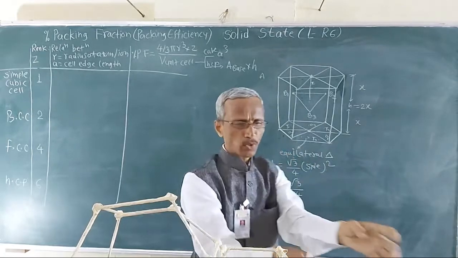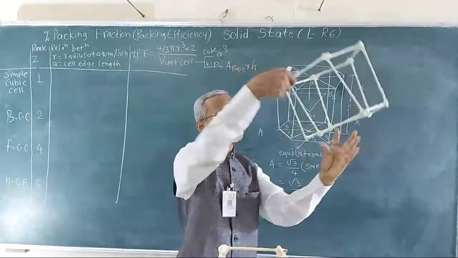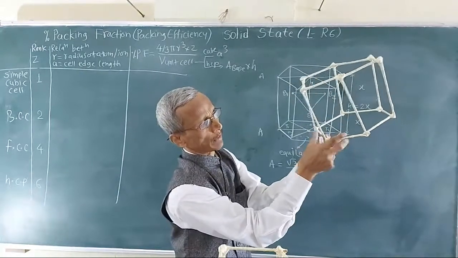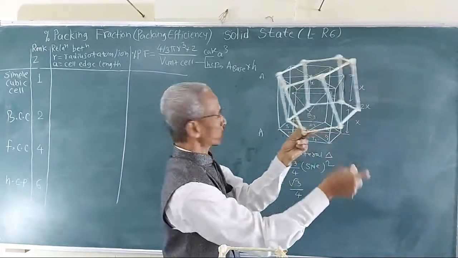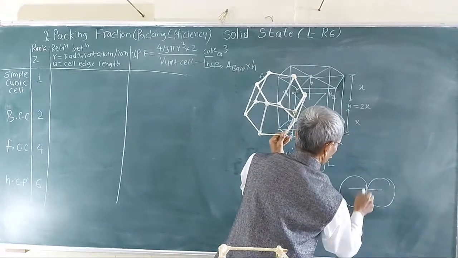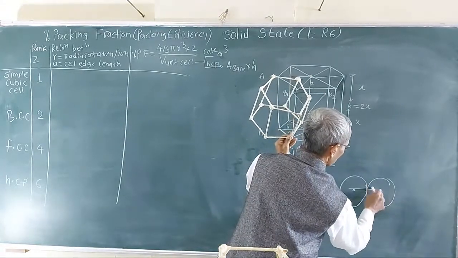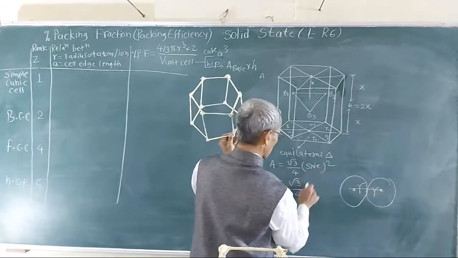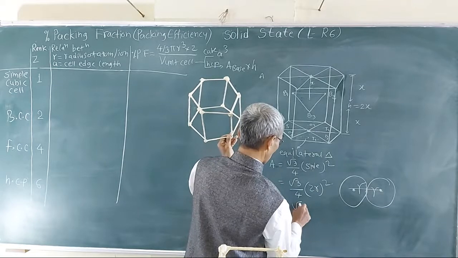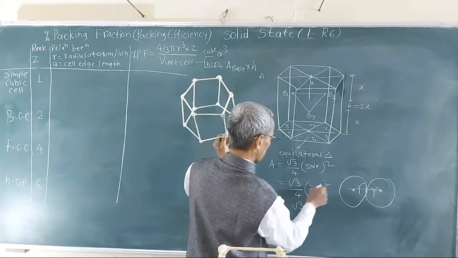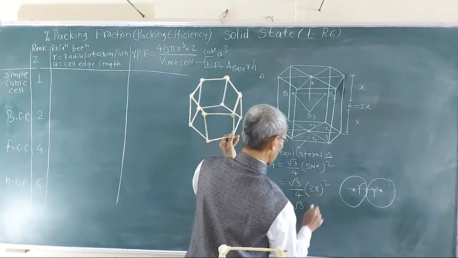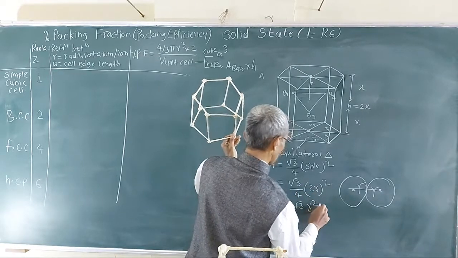If you consider this hexagon, there are two spheres, this is the center, and this is the radius r. So the side is 2r, the 4 gets cancelled, and the area is square root of 3 r square.